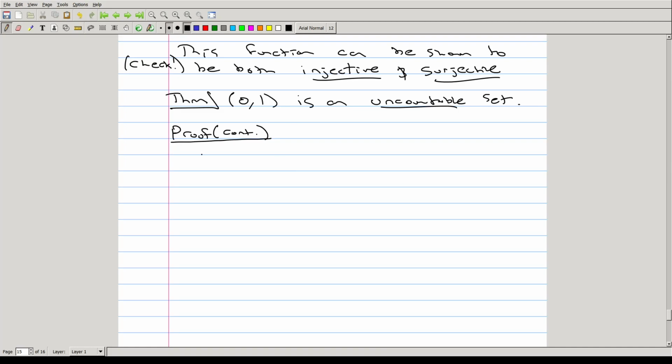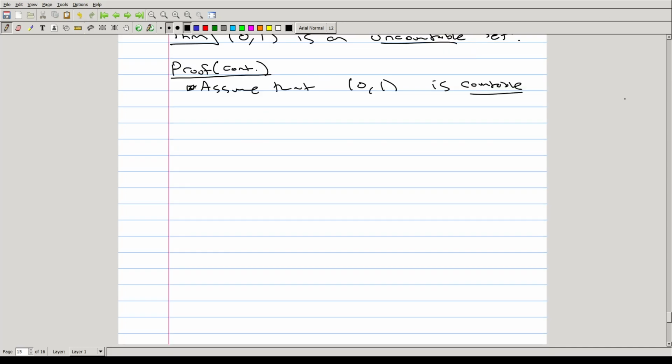So we start off by assuming that the interval from 0 to 1 is countable, which means that (0, 1) is set-theoretically isomorphic to the natural numbers.